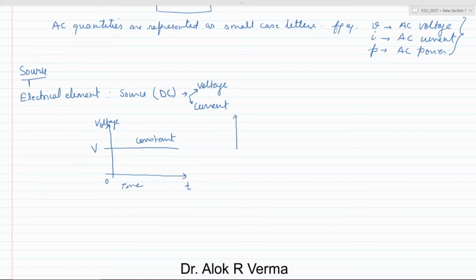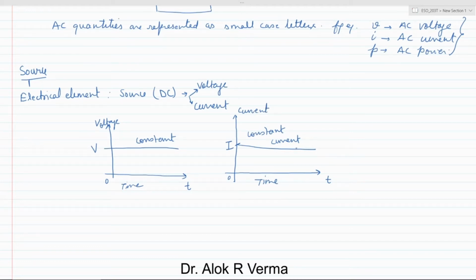And if it is a current, then the same thing will happen to current, constant. This is basically the current.